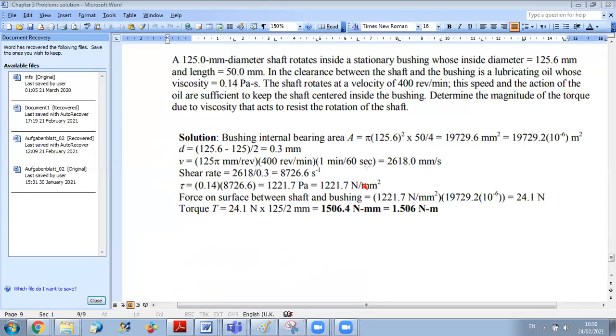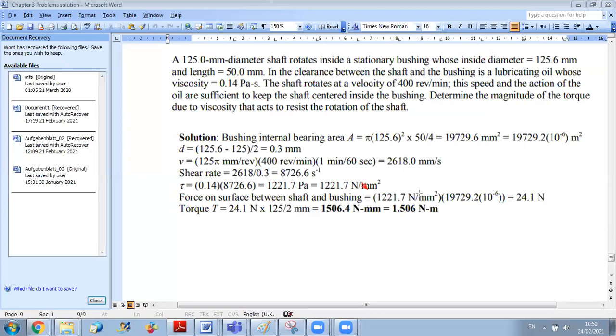Then to find the total force, you multiply the shear by the area. If you have the shear in Newton per meter square, use the area in meter square. In case you have it in Newton per millimeter square, then you multiply by the area in millimeter square.